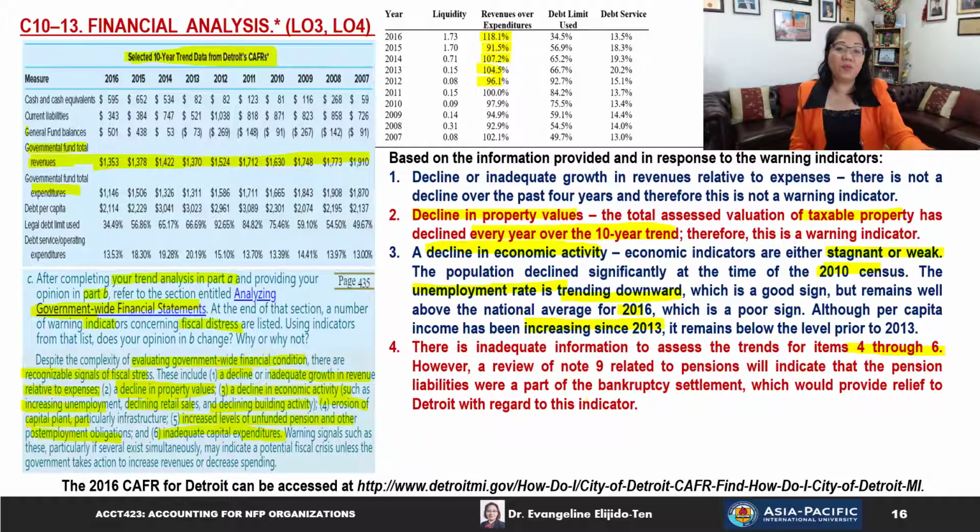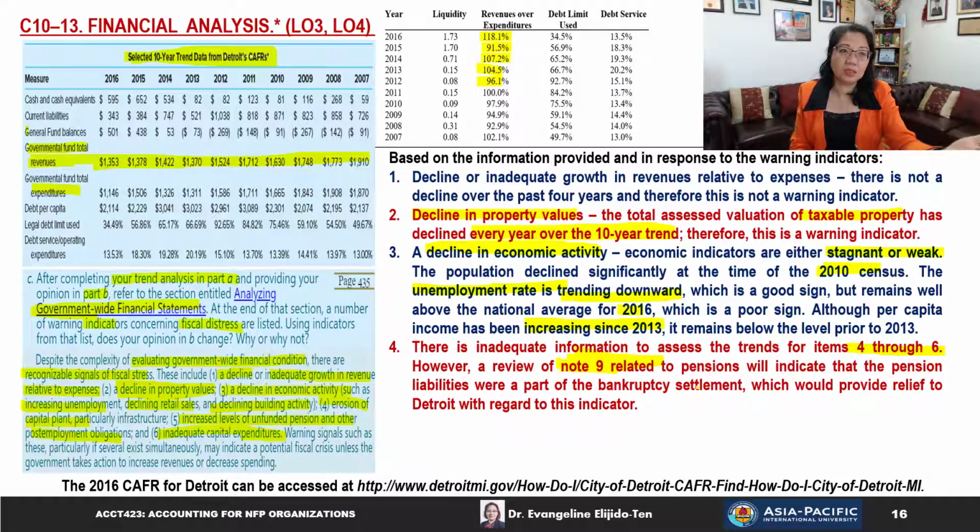However, a review of Note 9, a note that is provided in the CAFR, related to pensions will indicate that the pension liabilities were a part of the bankruptcy settlement, which would provide relief to Detroit with regards to this indicator. So there's a note here.